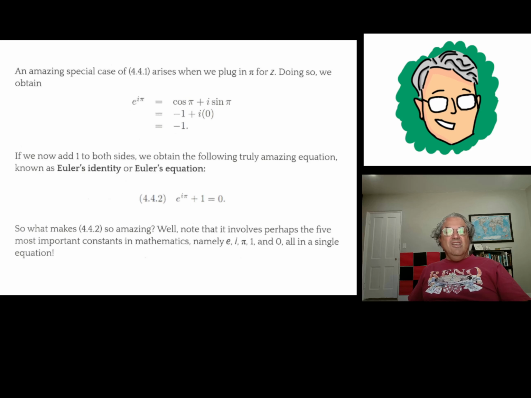Pretty amazing. And the only other things that occur in this equation, you have three binary operators. You have addition, e to the i pi plus 1. So you're adding two numbers in this equation. Maybe I should break e to the i pi down.